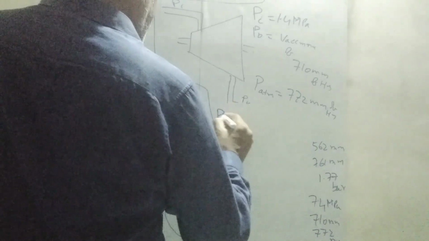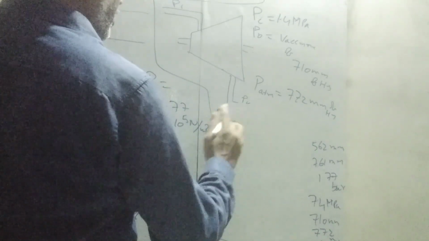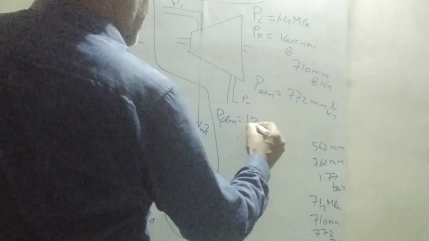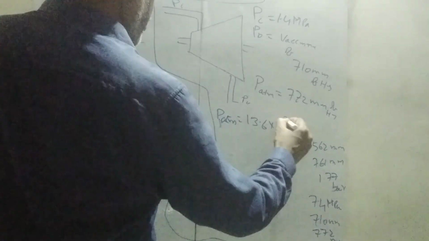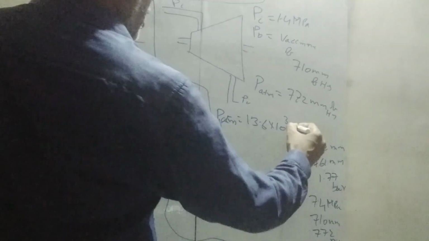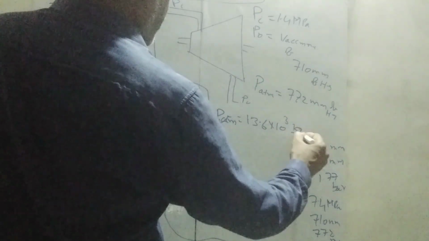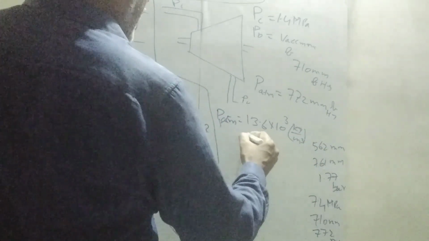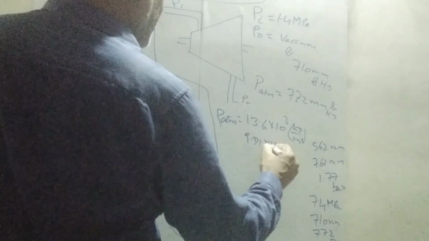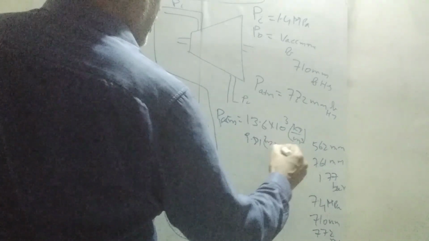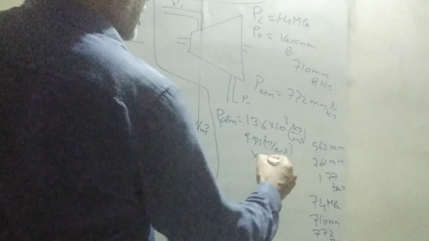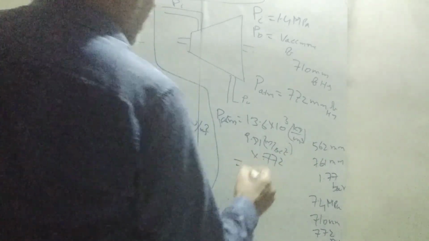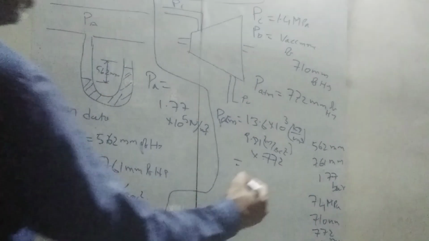So PATM is equal to 13.6 into 10 cube. This is in kg per meter cube, multiplied by 9.81 meters per second square multiplied by 0.772 meters.